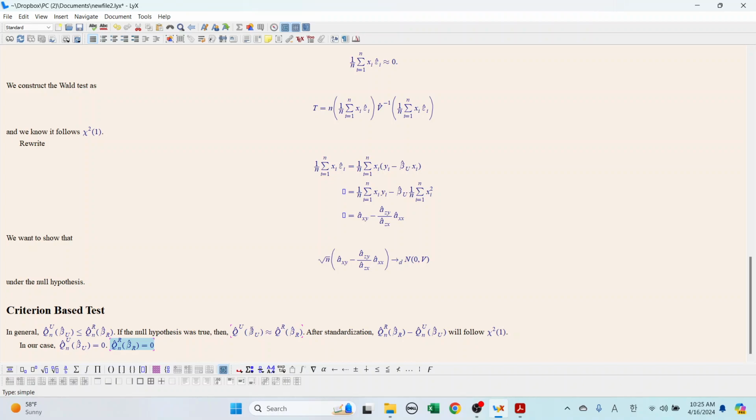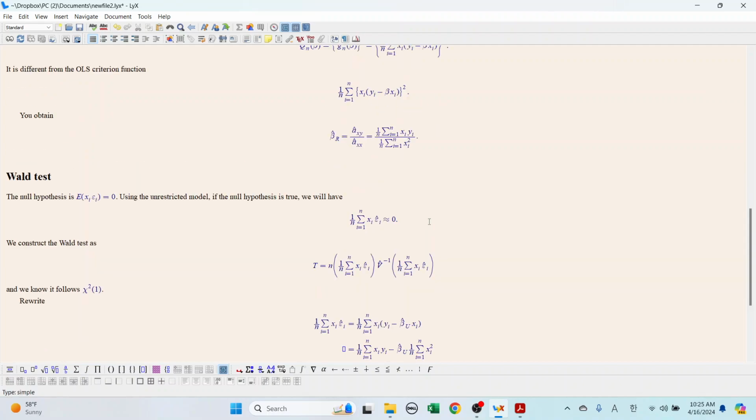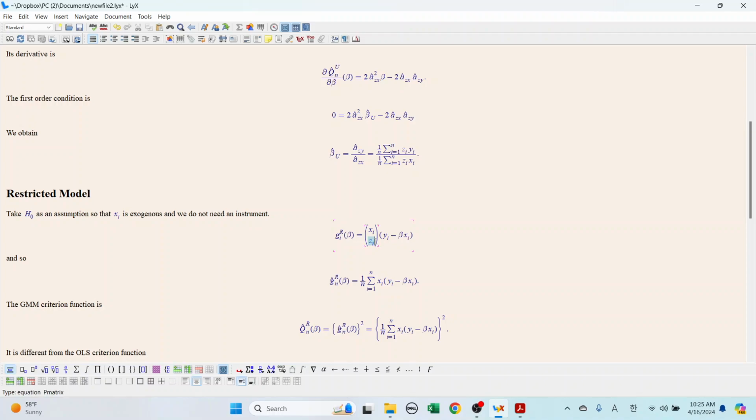It does not work because your test statistic is always 0, which does not make any sense. Even if we know that z does not matter in estimation, we have to revive it for testing, because the basic idea is we would like to see how much the moment condition is violated. So we have to allow violation, which is coming from z, right?